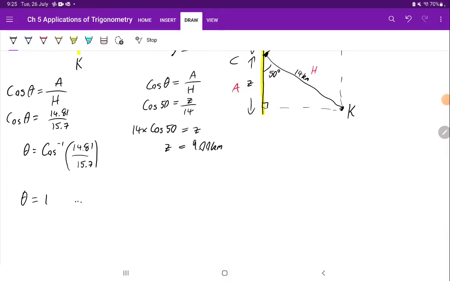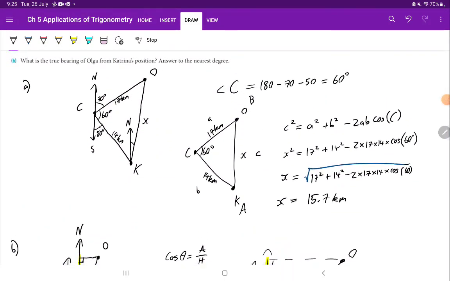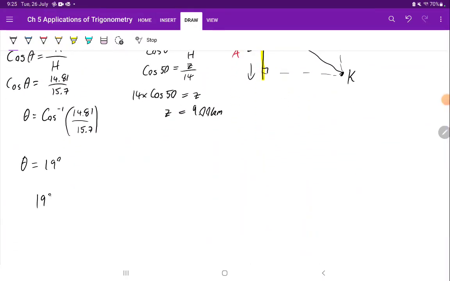But it also wanted it to be a bearing. Just having a look back at the picture, that actually already is the bearing. So the answer is going to be 19 degrees true from Katrina to Olga.